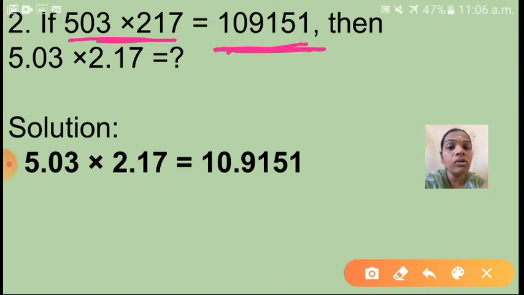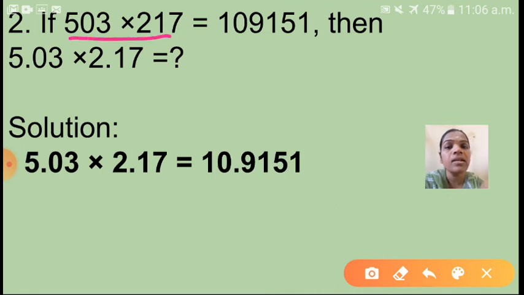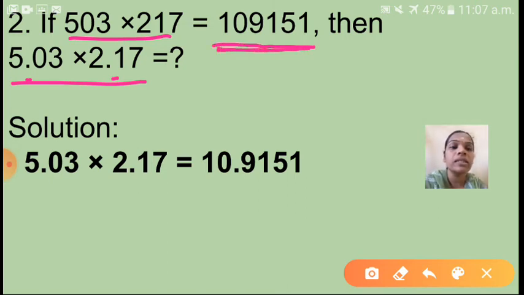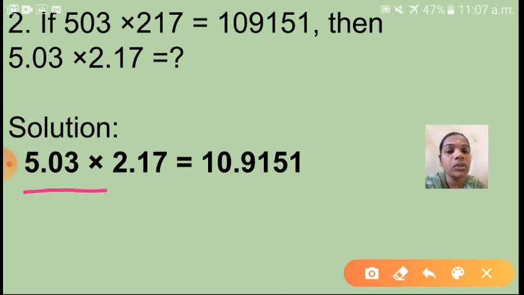But what you have to find here, children, is the same number, but here a decimal point is there. So the final answer is this one, but in between the number you have to put a decimal point. But where do you have to put the decimal point?